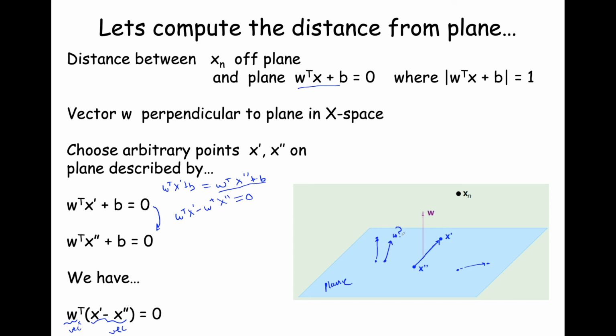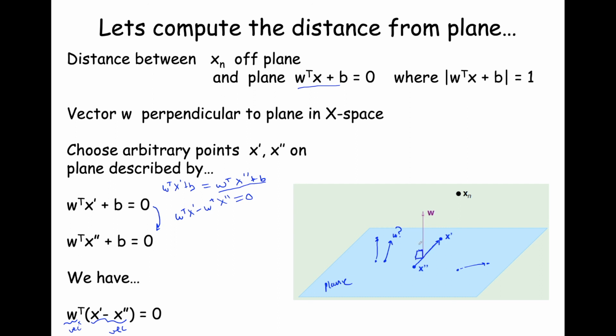But we know that x prime minus x double prime is a line that's on the plane. Now, if I take the inner product between that W and a line that's on the plane, parallel to the plane, in order for that inner product to be 0, W has to be orthogonal to that line. Now, because that line is any line on the plane, that means by definition, W is orthogonal to the plane.